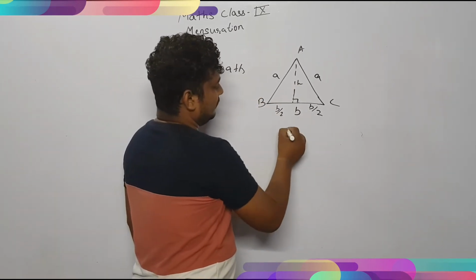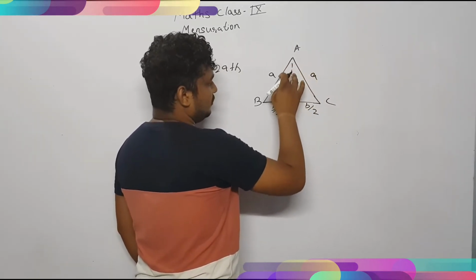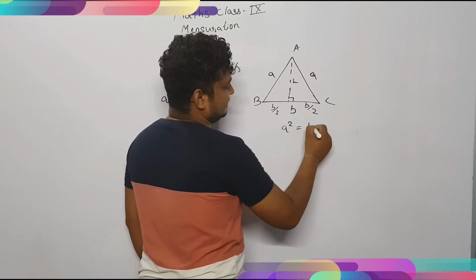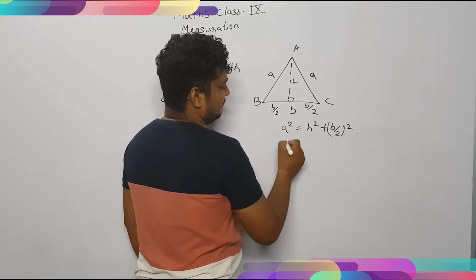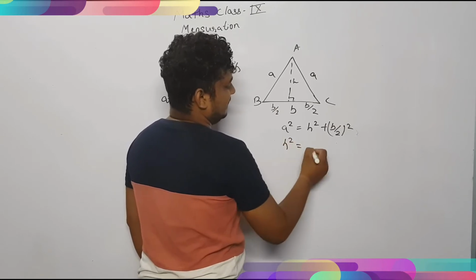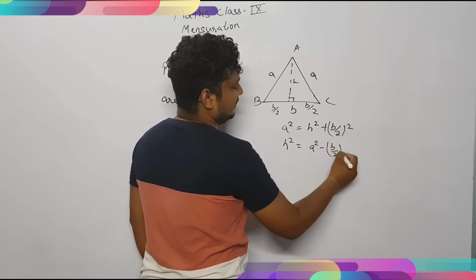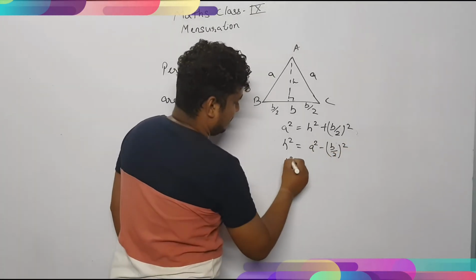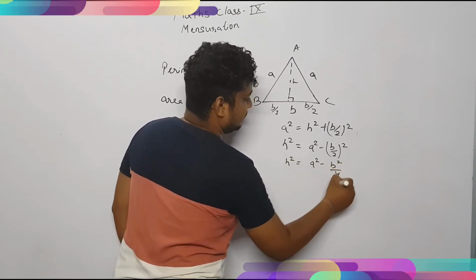According to hypotenuse, the square of hypotenuse is equal to square of height plus square of base. So A square equals H square plus B by 2 square. We need to find H square, so H square equals A square minus B by 2 whole square. I think no one is having a problem till here.